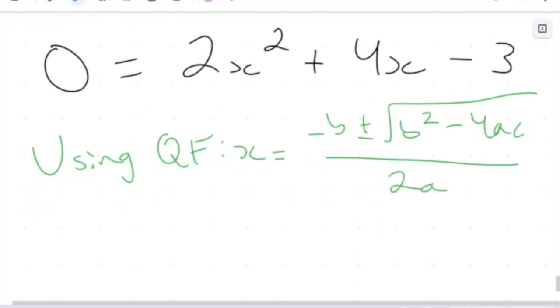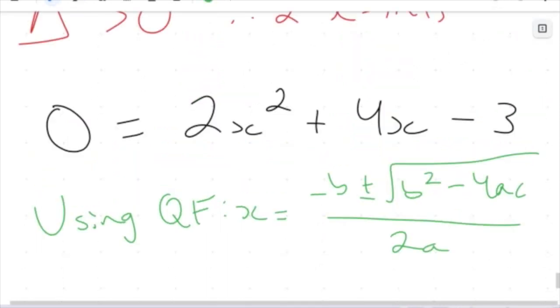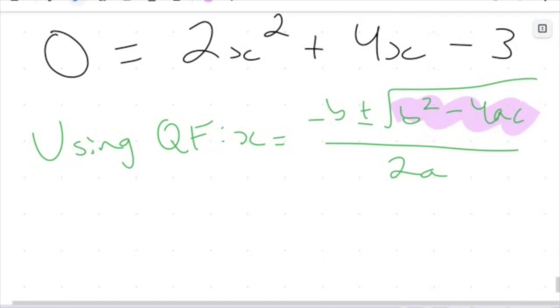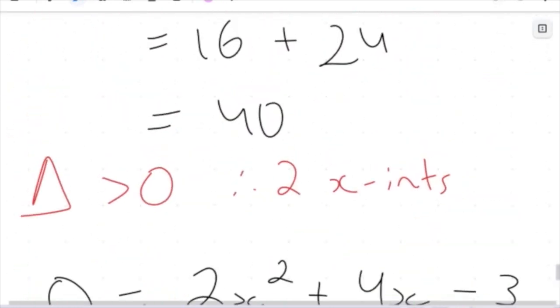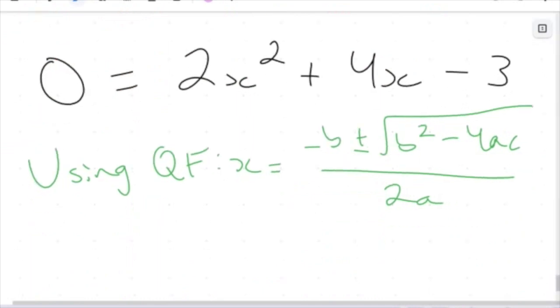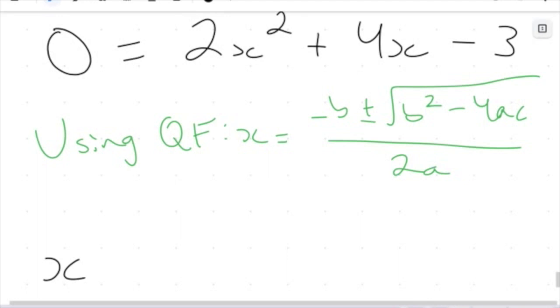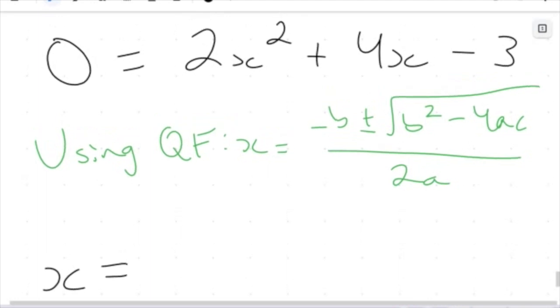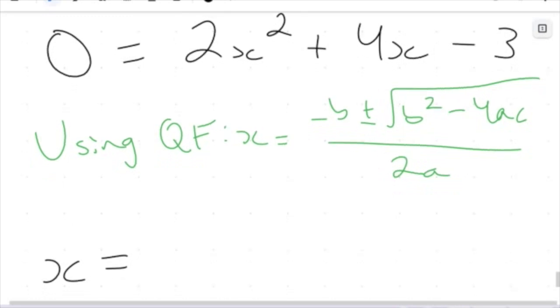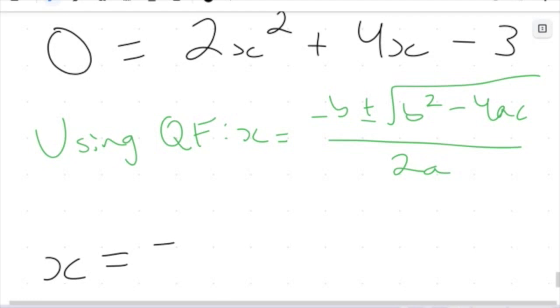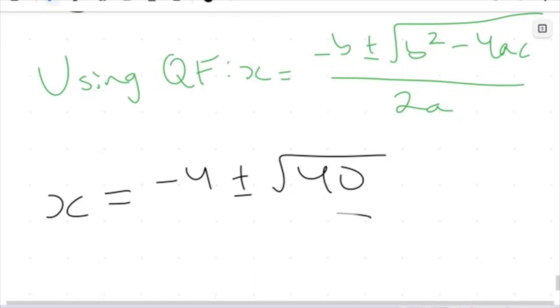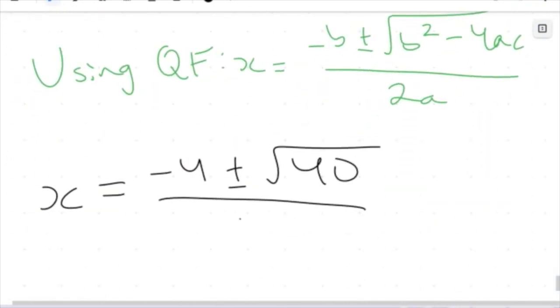I'm going to pop in these values into my a, b, and c. And now, remember, we've already found the discriminant bit. That is 40. So I can just sub that straight in. But let's do this slowly. So here, my x solutions are going to be found using the quadratic formula. So substituting in 4 for b, I get minus 4 plus or minus the square root of 40 over 2 times 2.